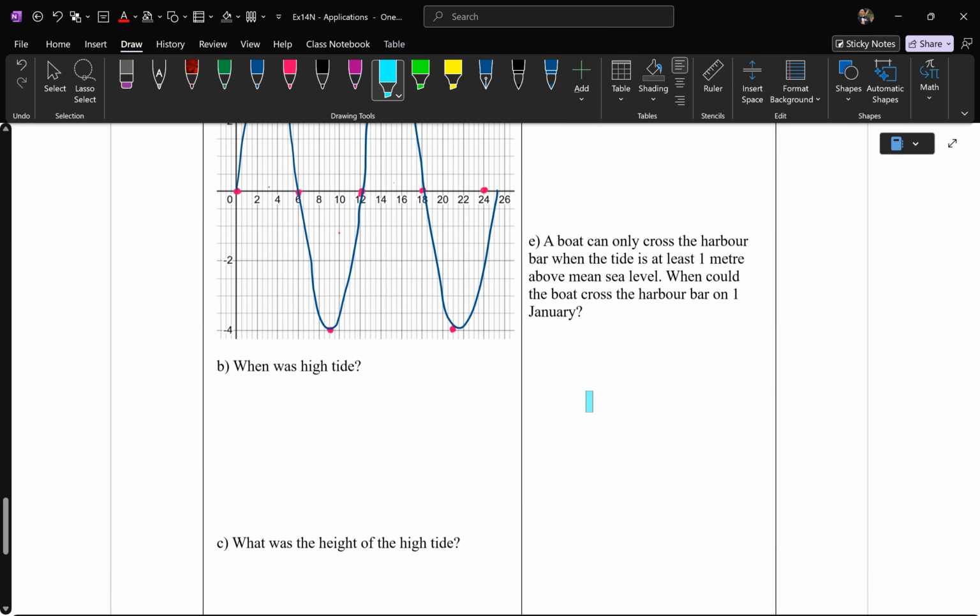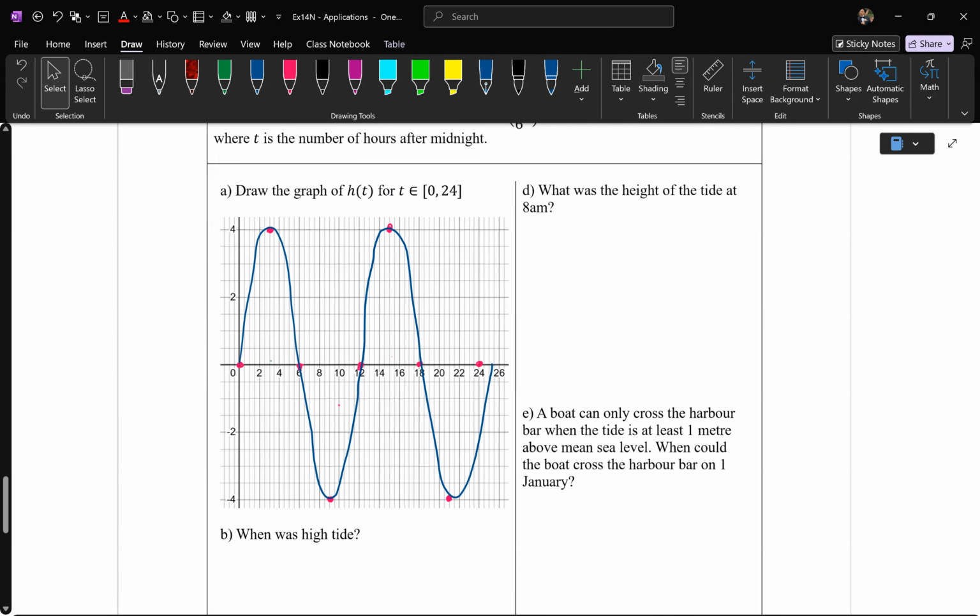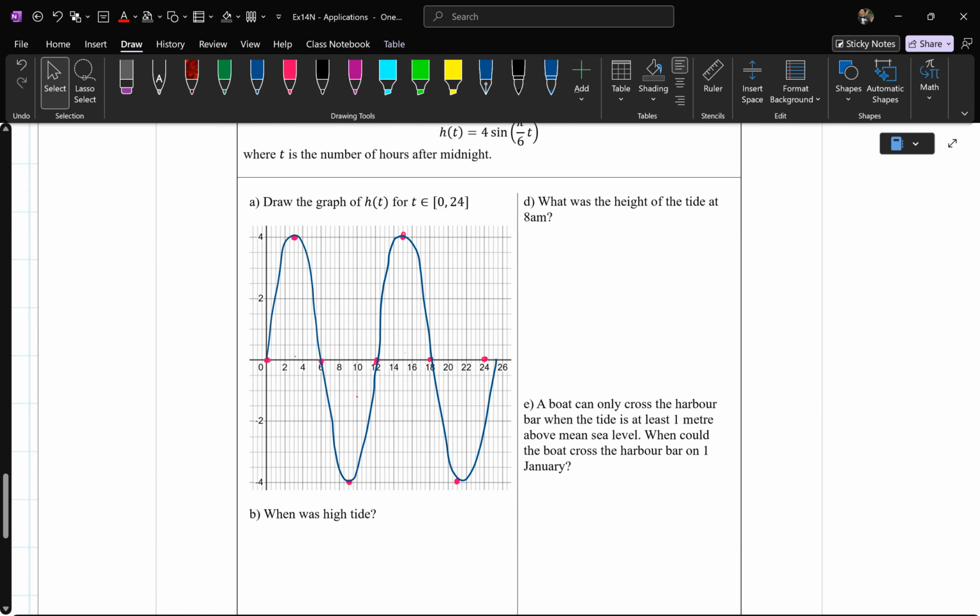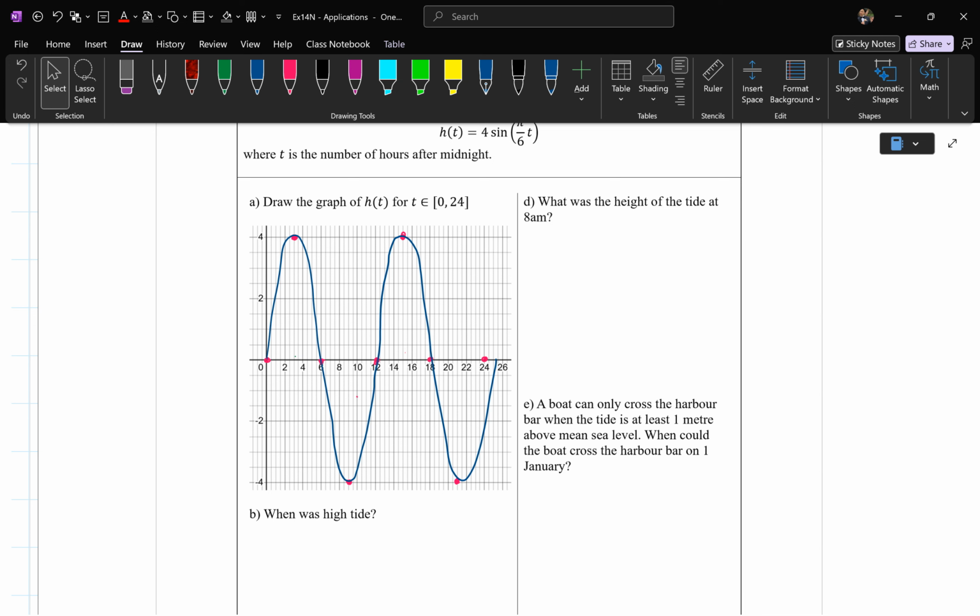All right, let's answer the question. B, when was high tide? What's considered high tide? When it finally reaches the top, or when it's above the x-axis. So high tide occurs at all of these points here. You can say when t equals 3, that's at 3, 4.